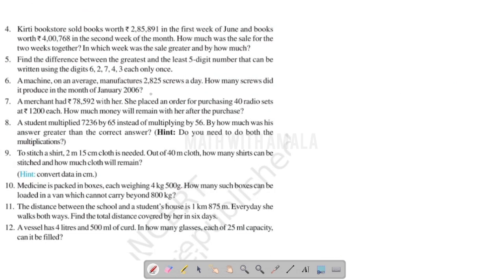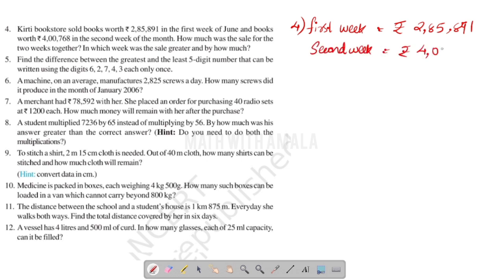Next question, the fourth one. Kirti bookstore sold books worth rupees 2,85,891 in the first week of June and books worth rupees 4,768 in the second week of the month. How much was the sale for the 2 weeks together? So together we have to calculate, that means the addition. In which week was the sale greater and by how much?